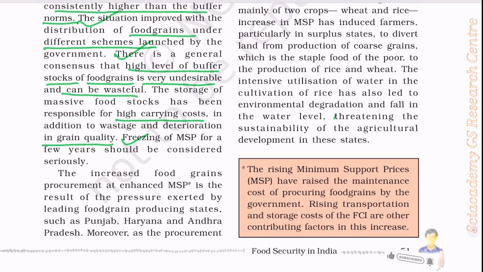The increased food grains procurement at enhanced MSP is the result of the pressure exerted by leading food grain producing states such as Punjab, Haryana, and Andhra Pradesh.